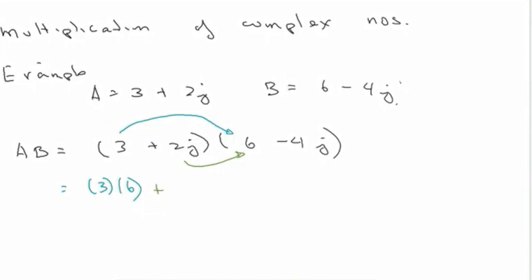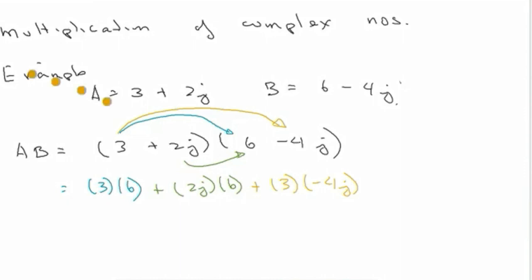You just write plus, plus, plus, so you will not be confused. Then 3 multiplied by negative 4j.